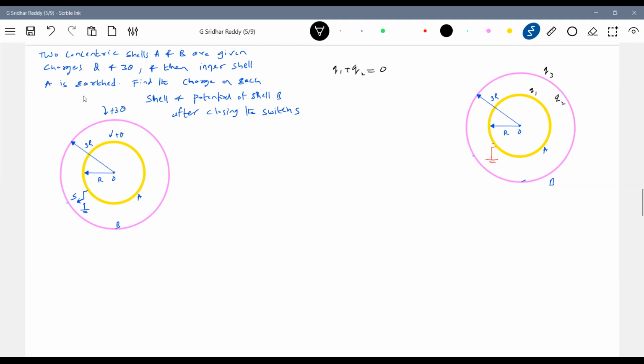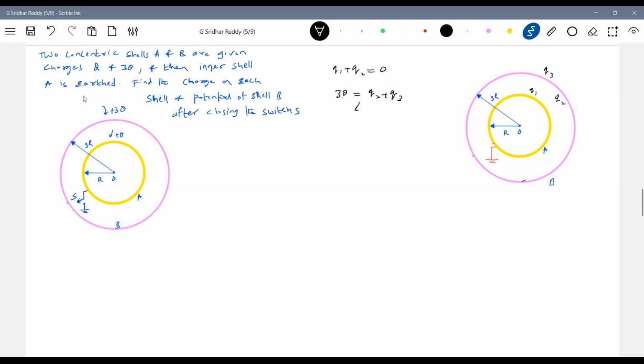Next, we write the charge of the shell which is not earthed. Shell B is not earthed, so the charge given, 3Q, should equal Q2 plus Q3.